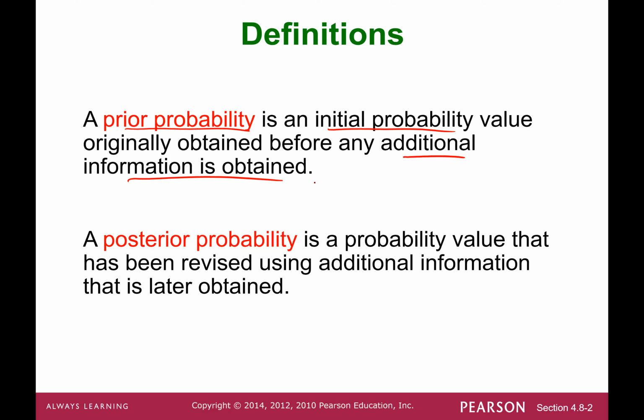And we also have anything after the previous information has been released. If we obtain new information, this is what we call posterior probability, posterior events. It's the probability value that has been revised using additional information that's later obtained.